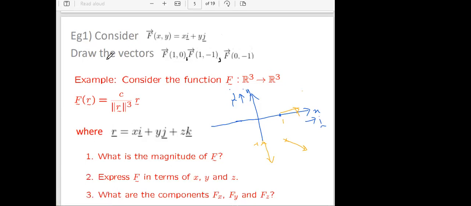Yeah, so these are the outputs of this. We use the same axis to draw inputs and outputs, right? So this is the input and this is the output. This arrow is the output, right?